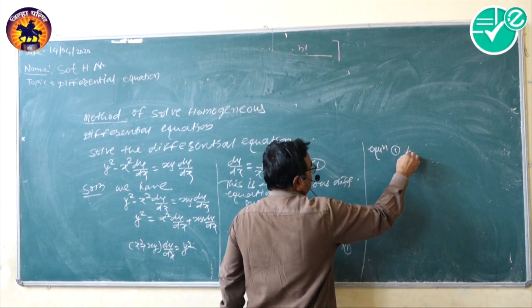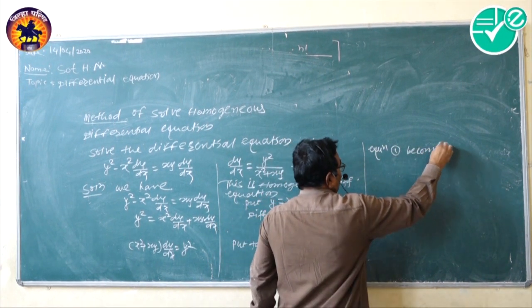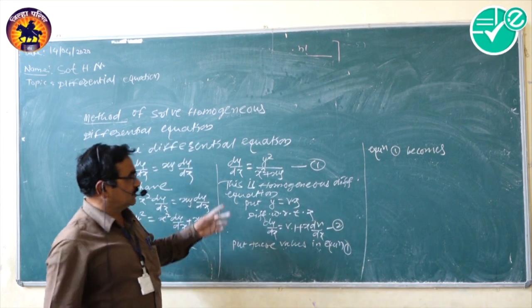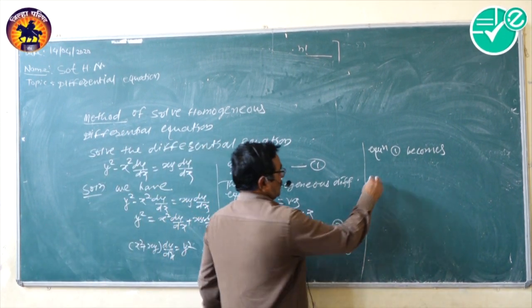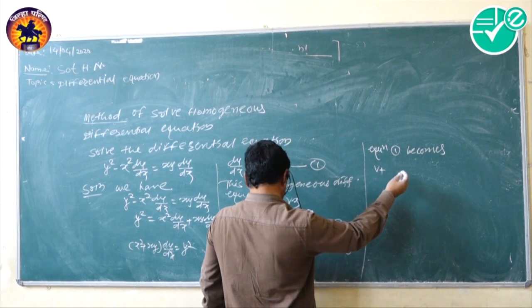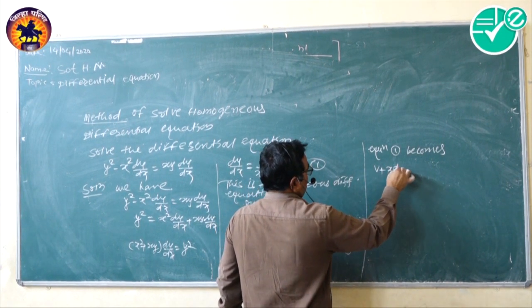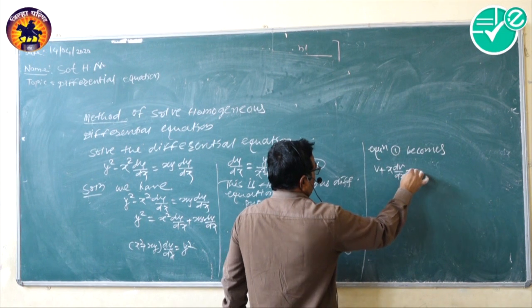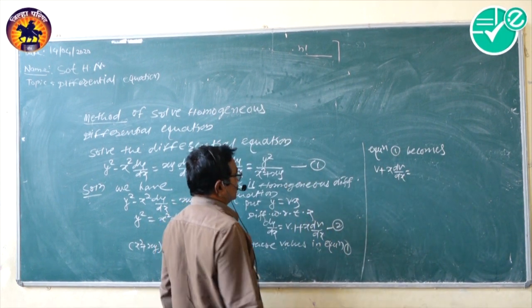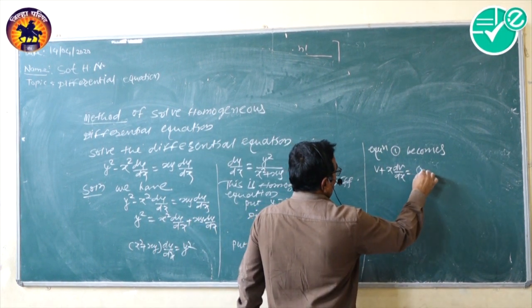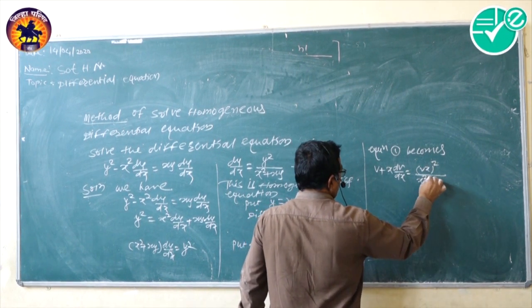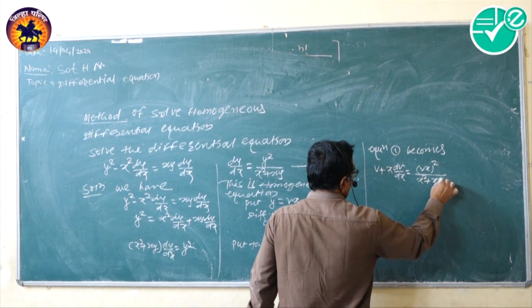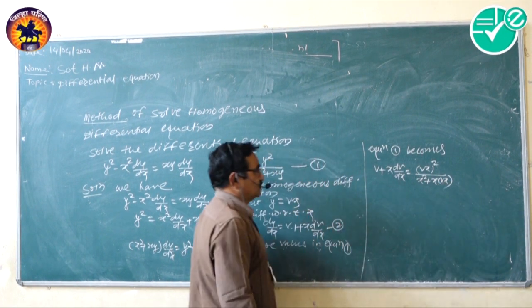Equation 1 becomes v plus x dv by dx is equal to vx square upon x square plus x into vx.